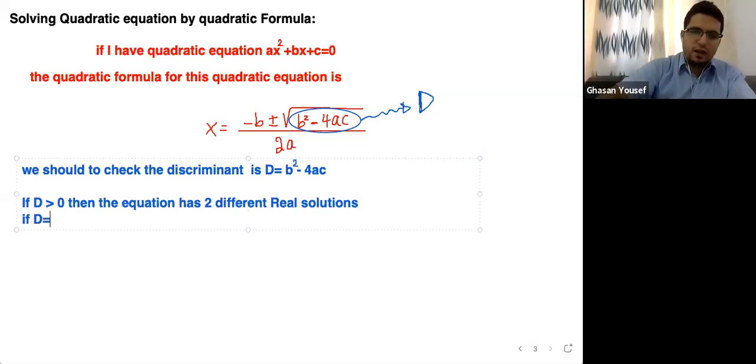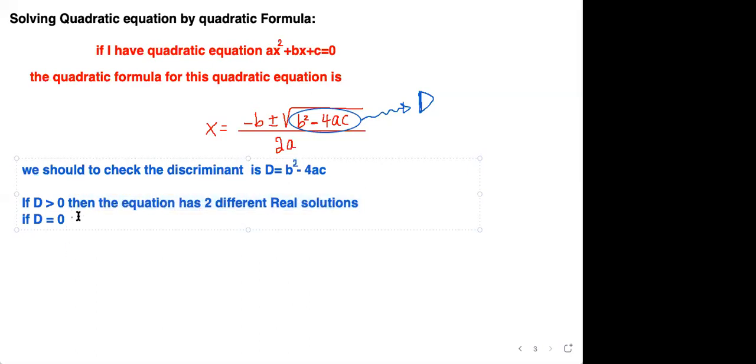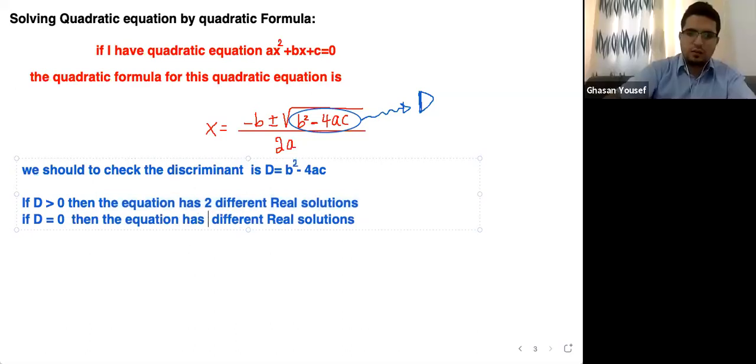If d equals 0, then the quadratic equation has exactly one real solution.